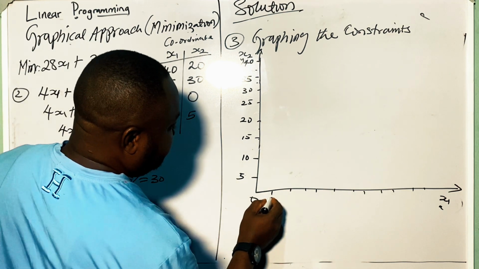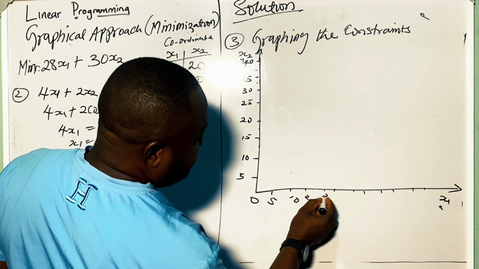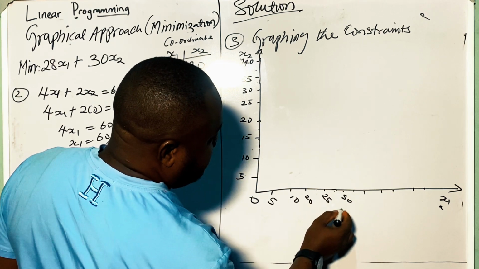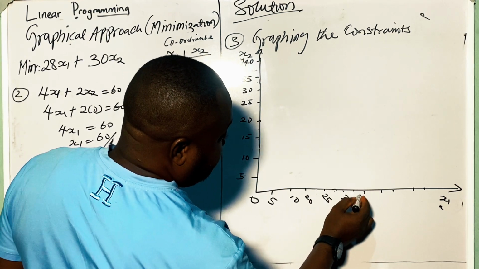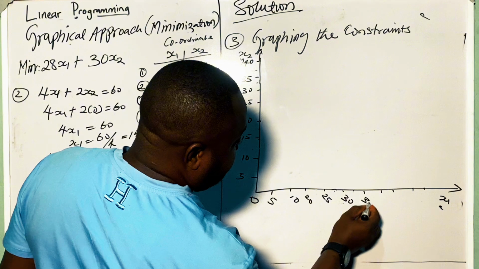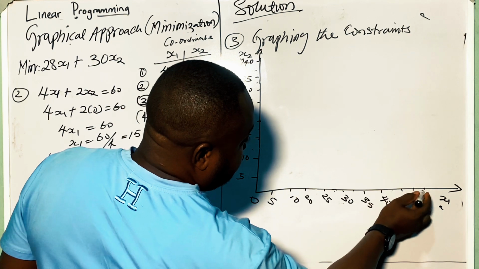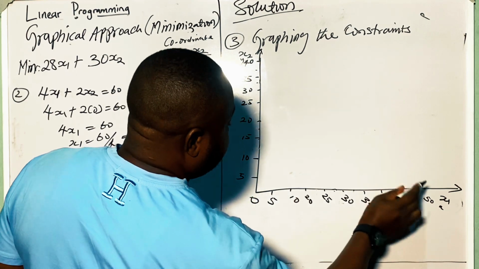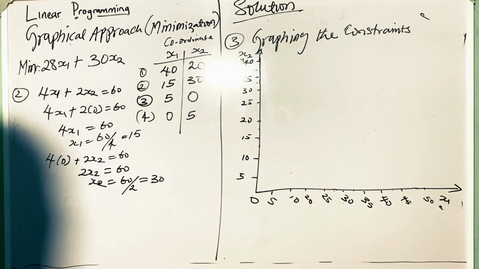Then we have 5, 10, 15, 20, 25, 30, 35, 40, 45, 50. Okay. So now we have our graph where 1 cm will be representing 5 units.